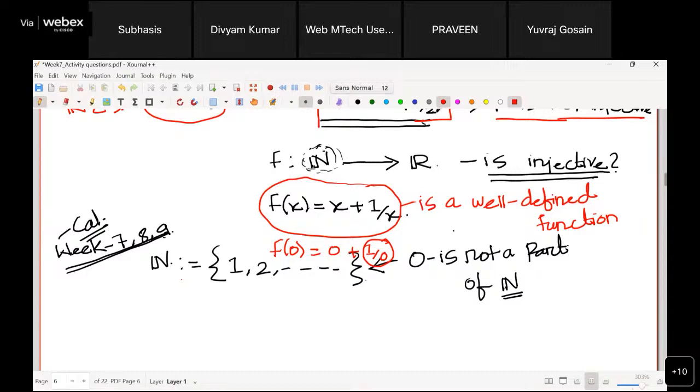So if 0 were a member of n, this function would not be defined.